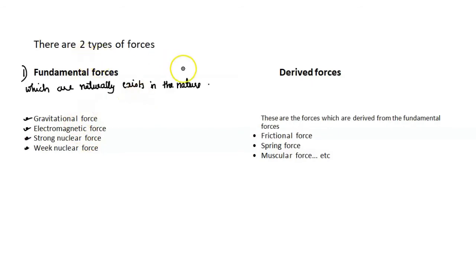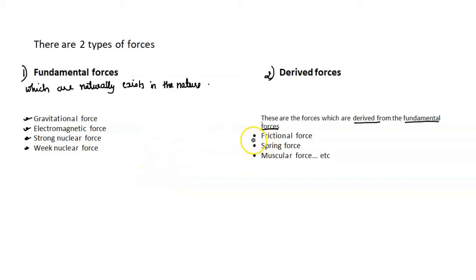Next, the second type of force is derived forces. These are the forces which are derived from the fundamental forces. We have four types of fundamental forces, and derived forces are those which are derived from these four. All other forces other than the fundamental forces come under derived forces.